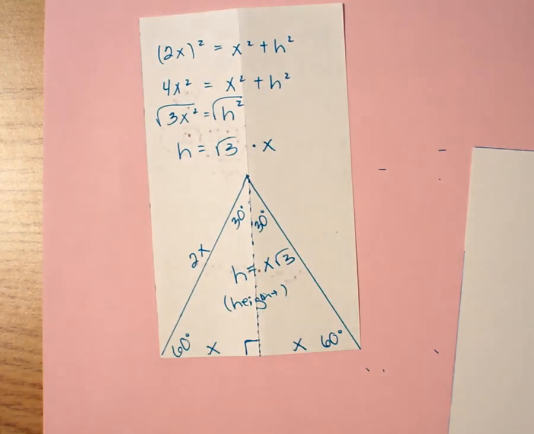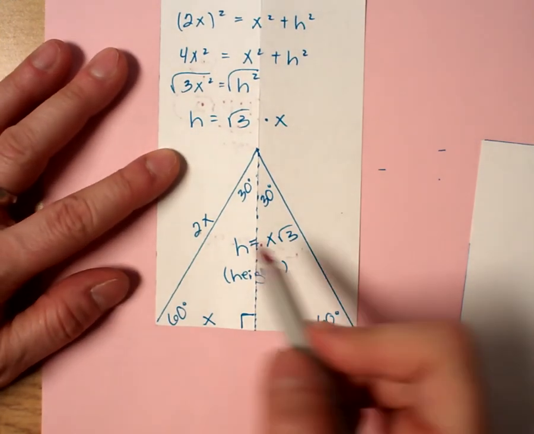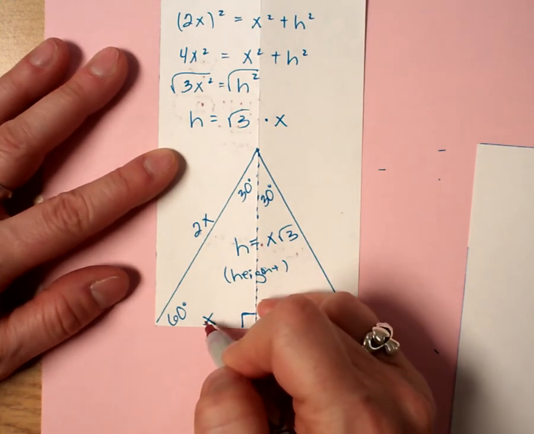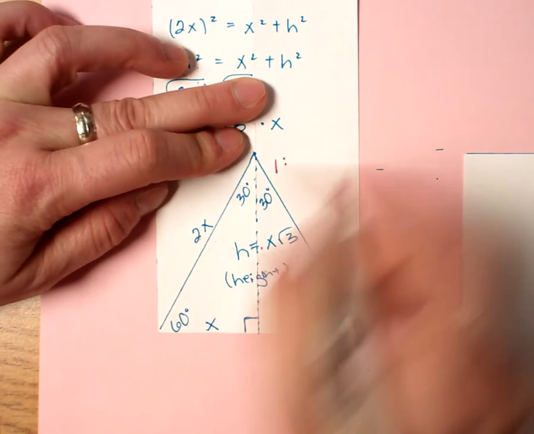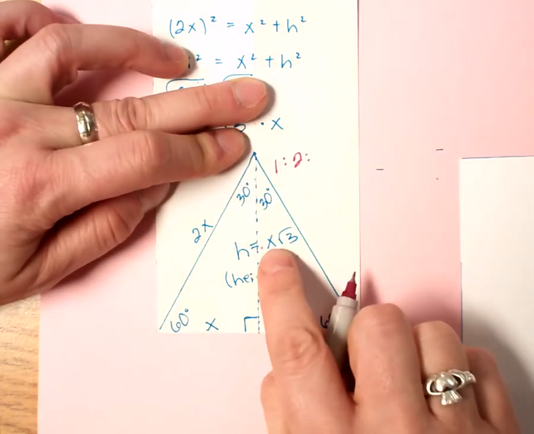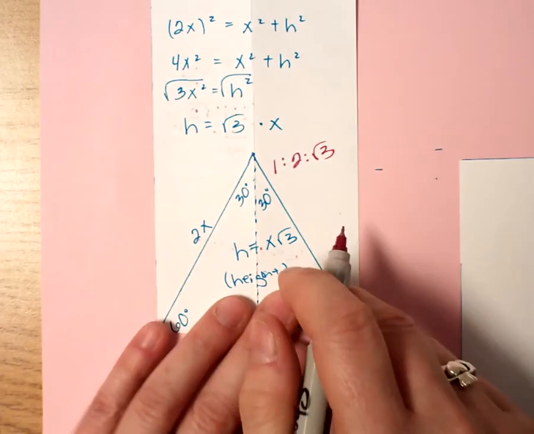So just like I did on the other side, I want to write this as an extended ratio. So if I write this as the extended ratio, I can write this as a 1, a 2, and a square root of 3. Now we need to keep track of this.